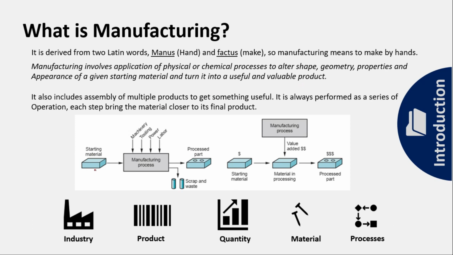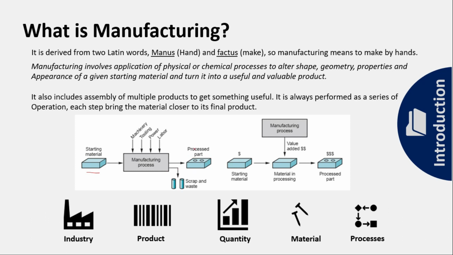So we have certain starting material and it goes into the factory. We use some machine over that material, and with the machine we use some tooling, and we consume some electrical or thermal power, and some labor is involved, and we have some scrap material, the waste material, and we have some processed part.